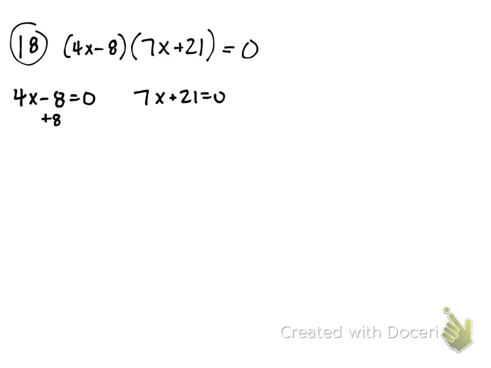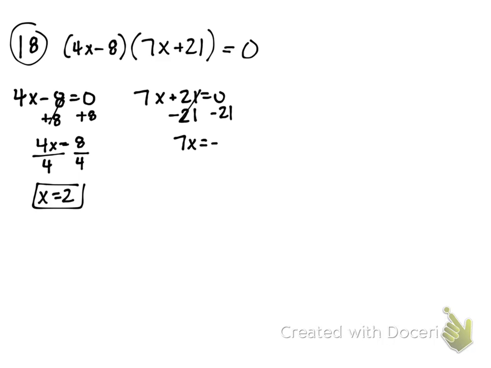Add 8. 4x equals 8. Then divide by 4. X equals 2. There's my first answer. Next problem. Subtract 21. 7x equals negative 21. Divide by 7, and x equals negative 3. Okay?